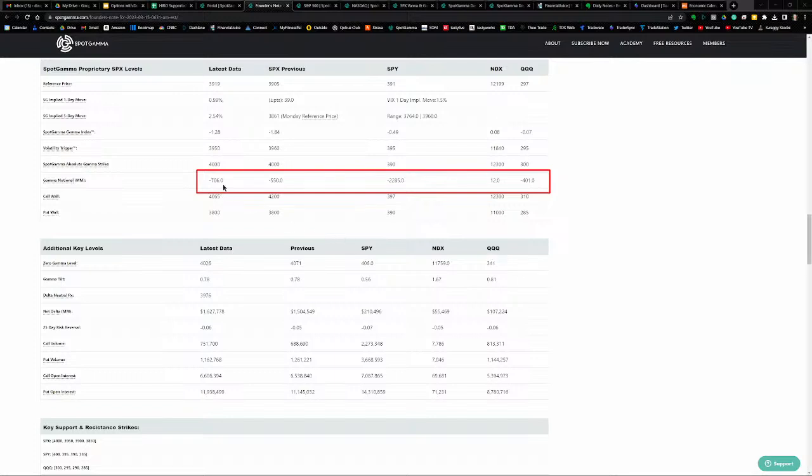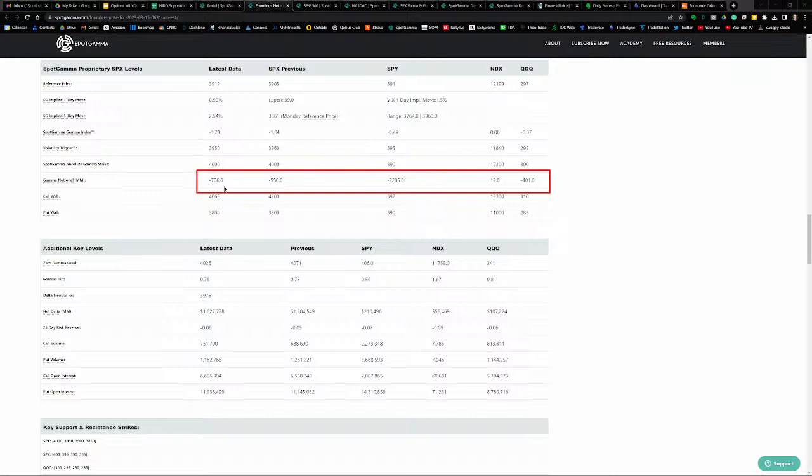Okay, so this is again SPX negative minus 706, market maker's position on the gamma curve for SPX minus 706. Now this did become less negative than yesterday, and yesterday was less negative than Monday.